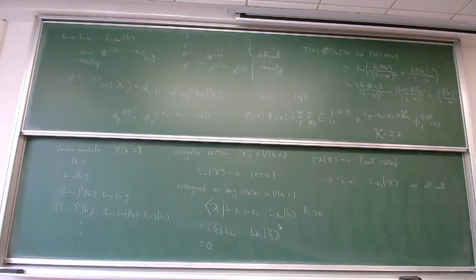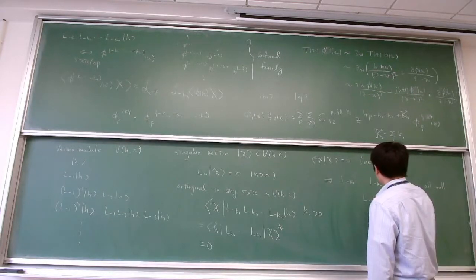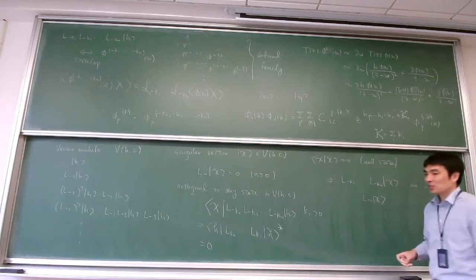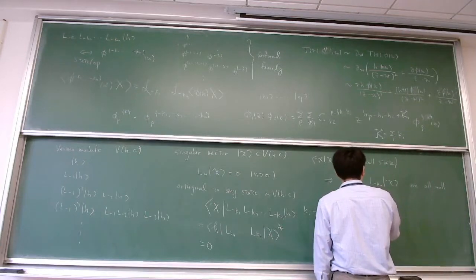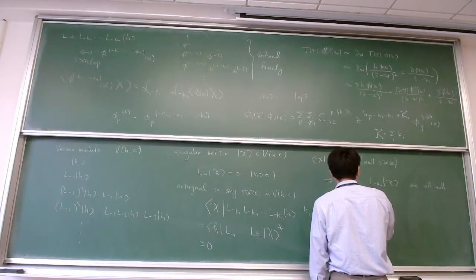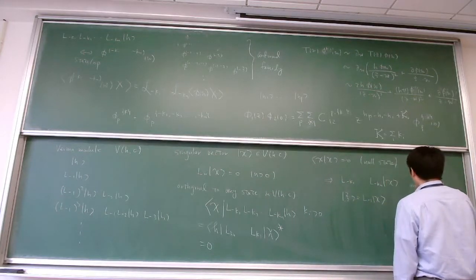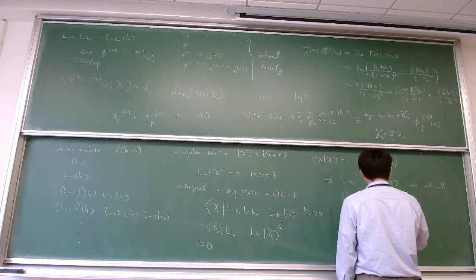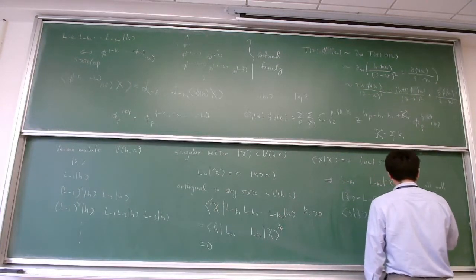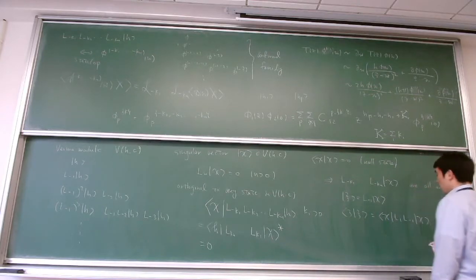Let's pick, for instance, this one. It's a simple exercise to do. Let's pick this guy and take the inner product. Let's call this psi. We want to see the inner product of psi with itself, which is chi, L_1, L_{-1}, chi.